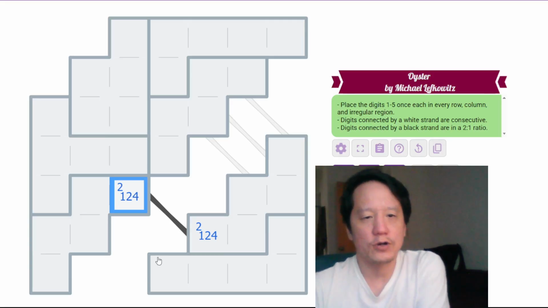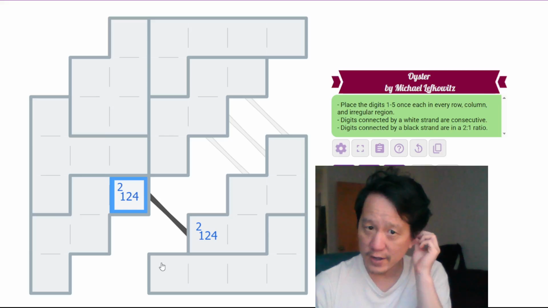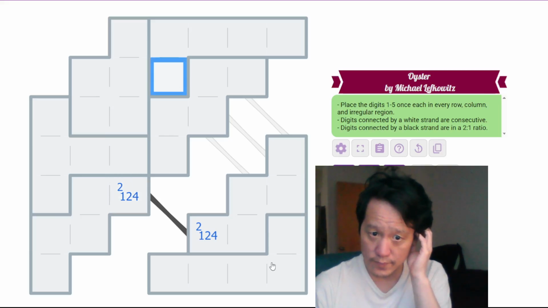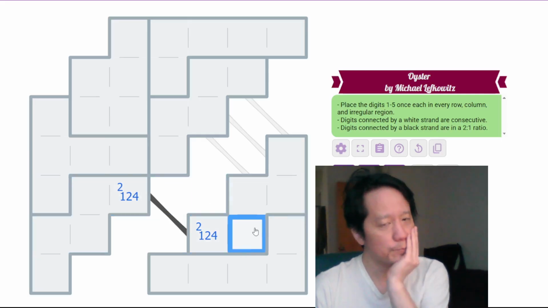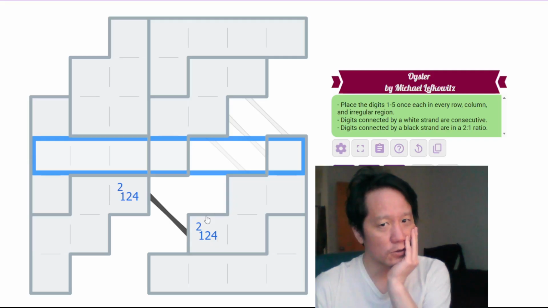In every row and column, you're guaranteed to have the digits 1 through 5. So that includes this row here, and this row here, and this row here.